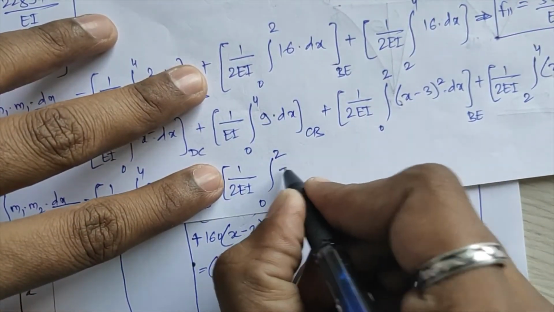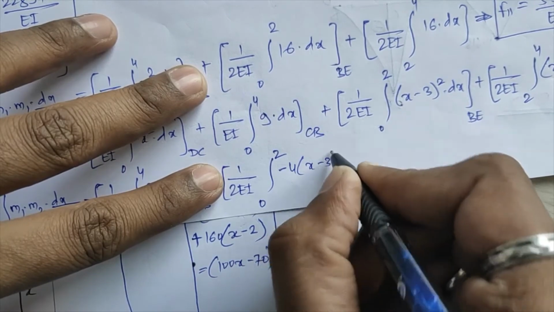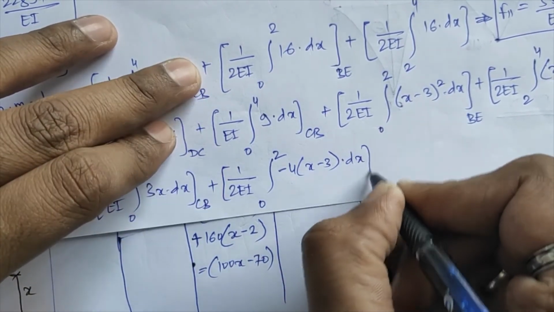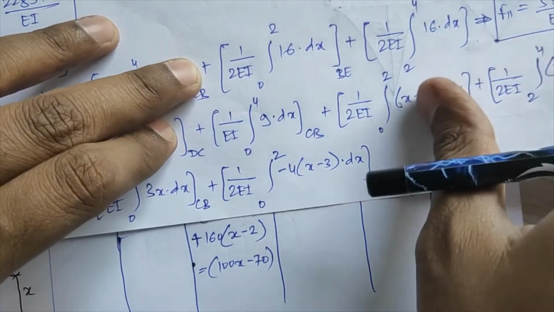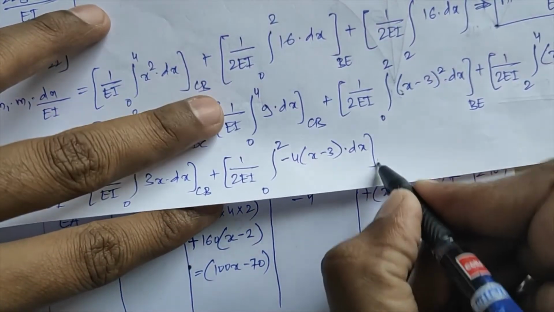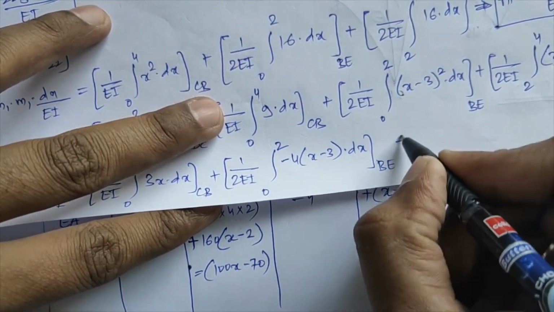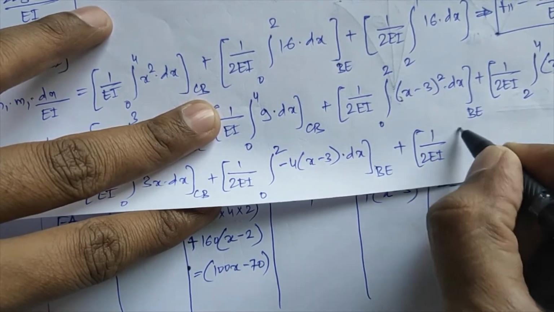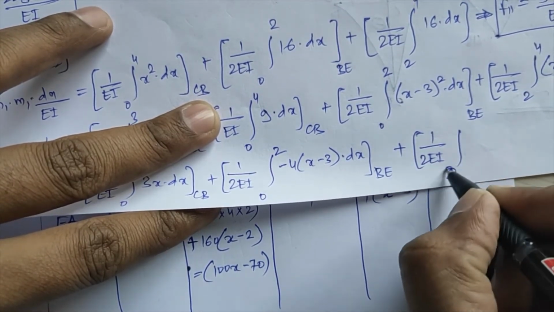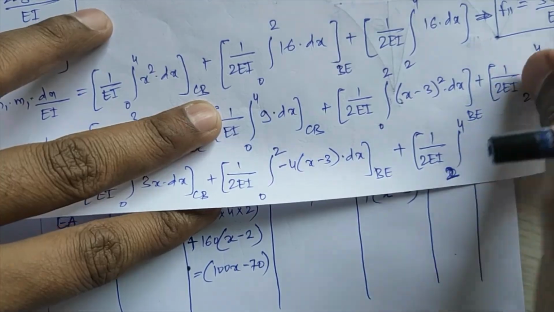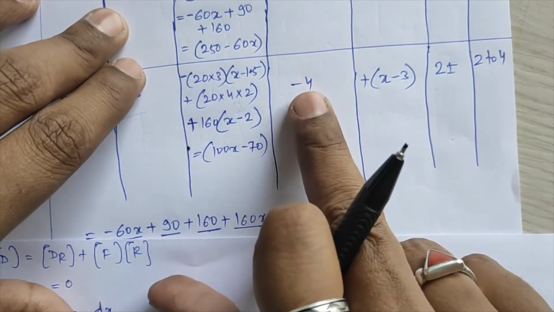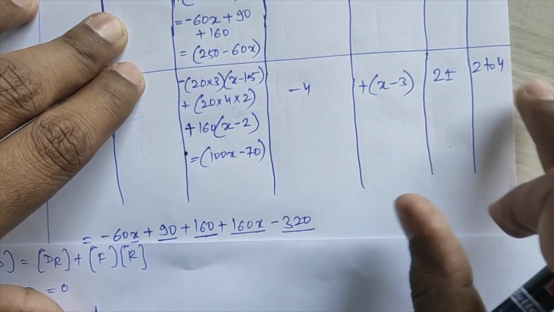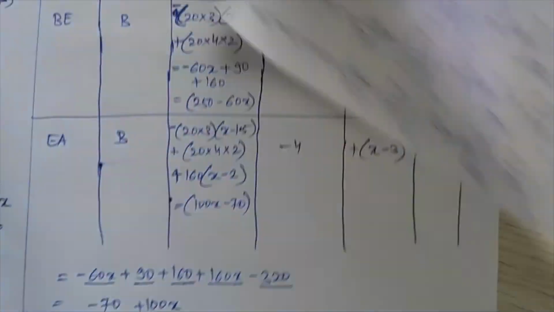So I get minus 4 into x minus 3 into dx, that is for your portion BE, plus for the last portion again 1 upon 2 EI within limits of integration from 2 to 4. This value I get again as minus 4 into x minus 3 within limits 2 to 4.